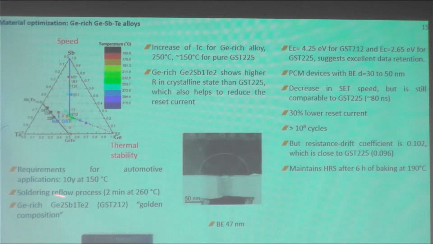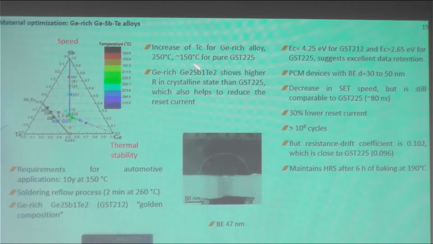So you see here, if you make a soldering process during device production, you apply a temperature of 260 degrees C for 2 minutes. For this golden composition 2-1-2, it was found that the crystallization temperature increases a lot, to 250 degrees C, whereas for pure GST it is in the range of 150 to 160.